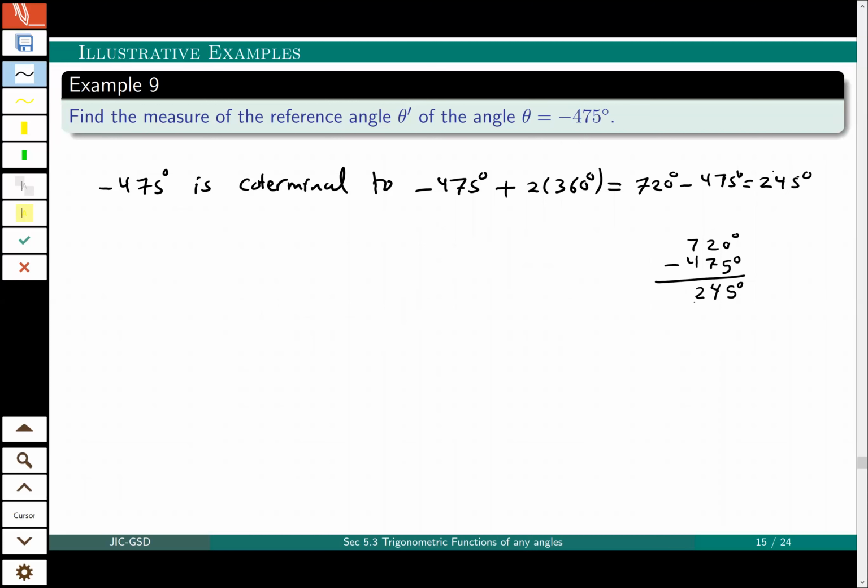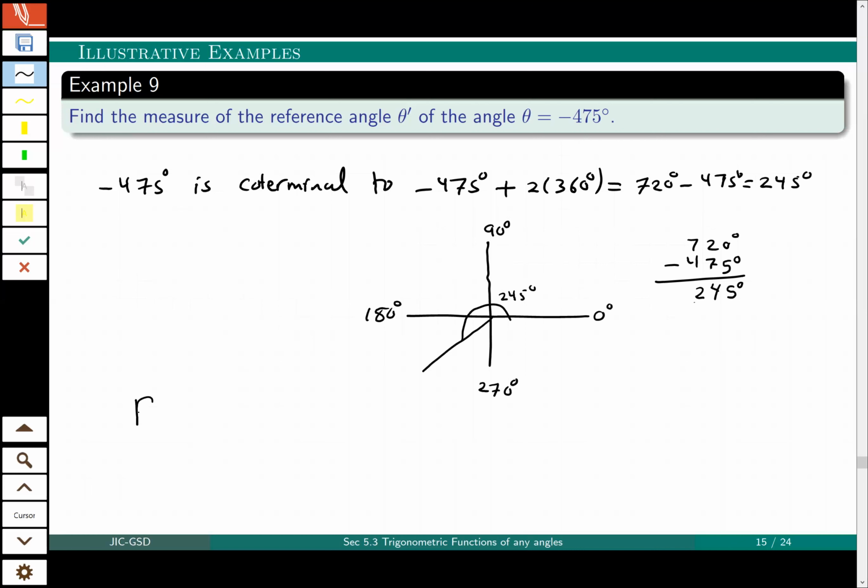Now, once we are between 0 and 360, we go to the XY coordinate. We say this is 0 degrees, this is 90 degrees, that's 180 degrees and 270 degrees. Where is 245? It's more than 180, less than 270. So that is 245 degrees.